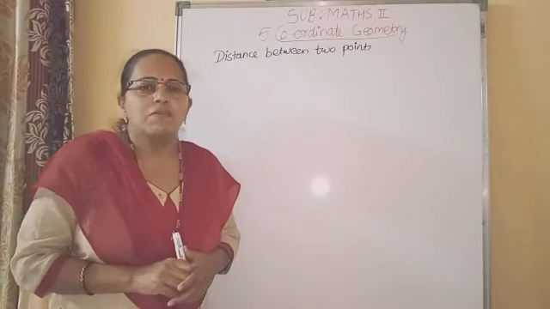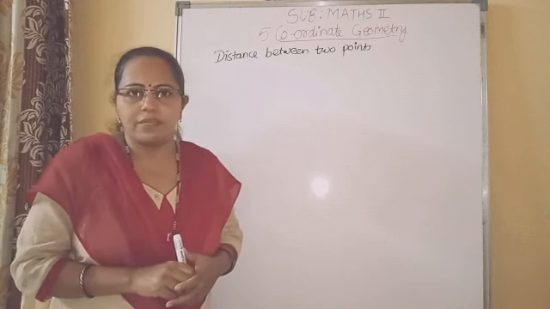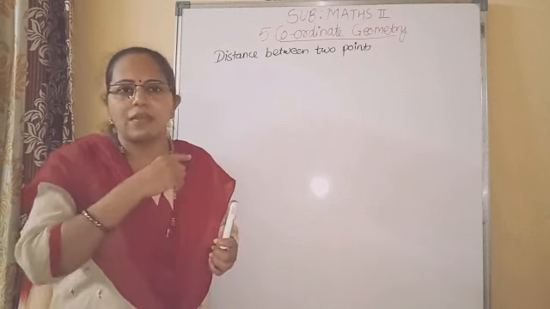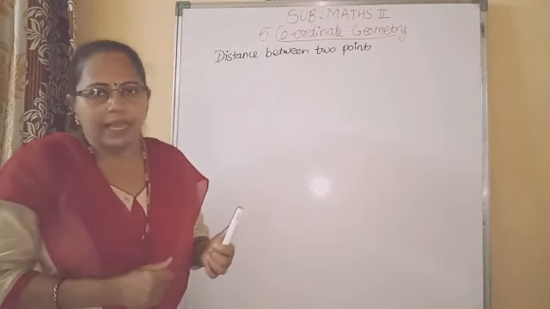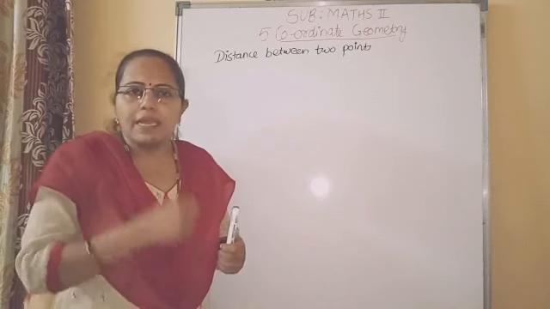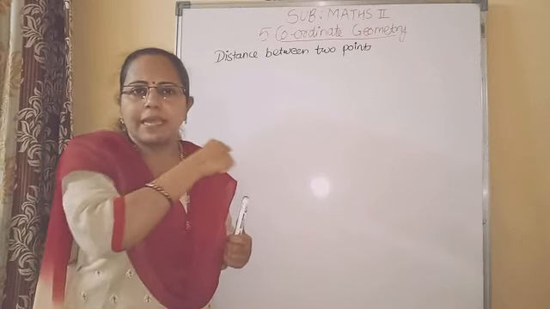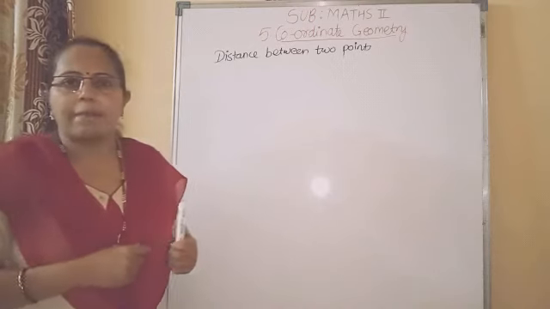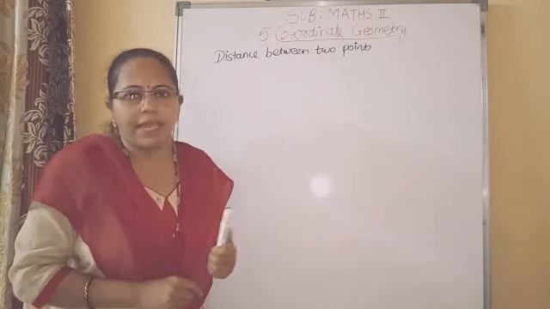Followed? We studied how to find out the distance between any 2 points if the points are lying on the axis, either on the x-axis or on the y-axis, or if they are in the quadrant and the segment joining these points is parallel to either the x-axis or y-axis.